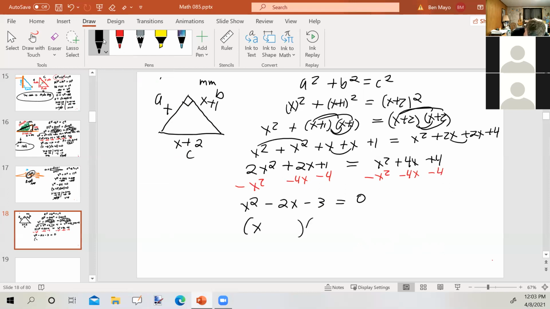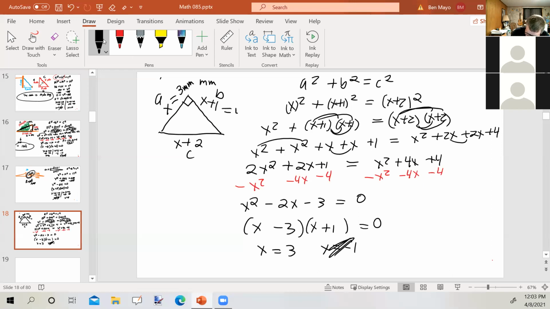Factoring, I get an x and a minus 3 and a plus 1. So then x equals 3, x equals -1, right? And again, we throw out the negative because we're dealing with distances. So let's see, this would be 3 millimeters.